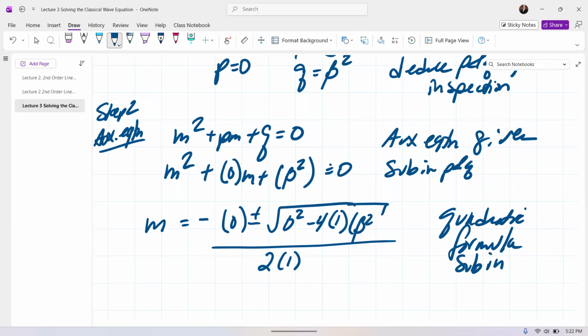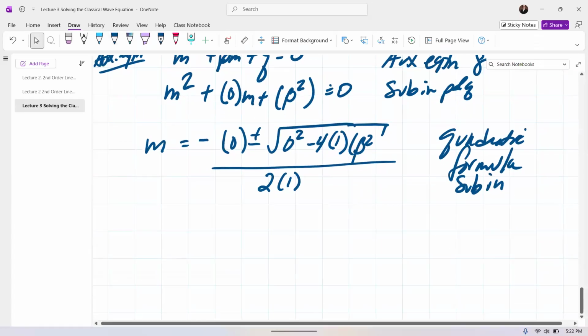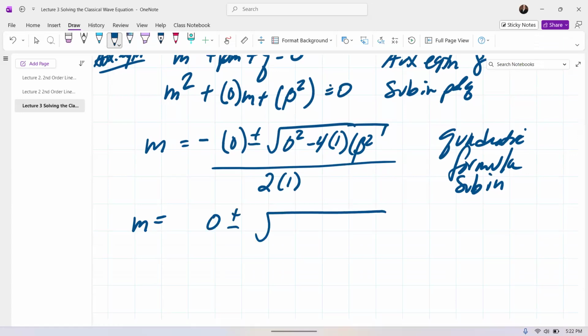So now we're going to solve for m. What does m equal? All right, simplifying: 0 plus or minus the square root. 0 squared drops out. Negative 4 times 1 is negative 4, and beta squared, 4 beta squared, all over 2. So we can actually clean this up. We don't really need to write that, and the square root sign can be much smaller.